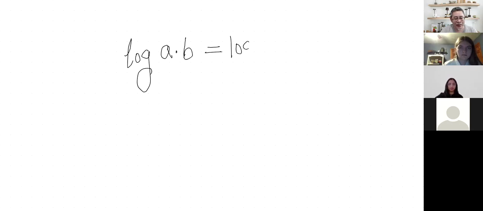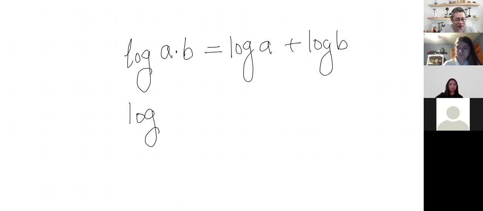We have log of A times B equals log A plus log B. That's the first rule. A couple of examples: 7 times 8, then we can write it as log 7 plus log 8.